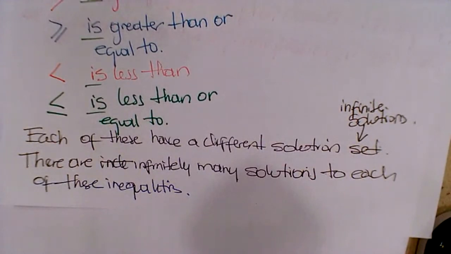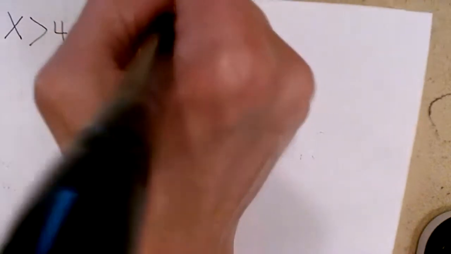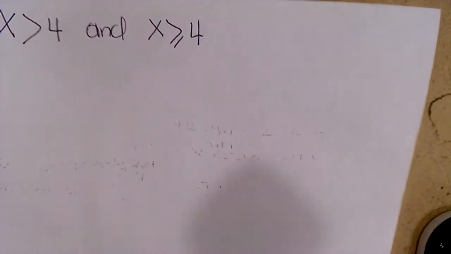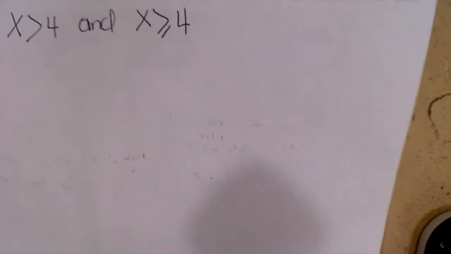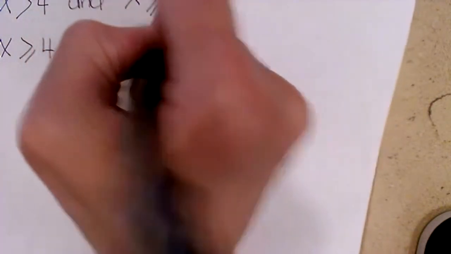Now, what's the difference between these two? x greater than or equal to 4 means what? It includes 4.